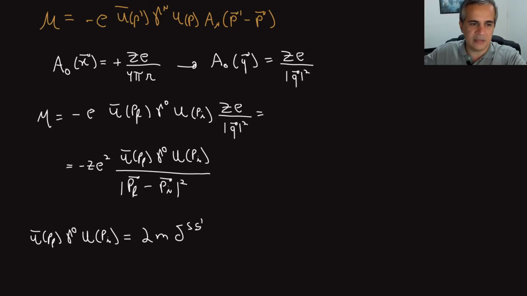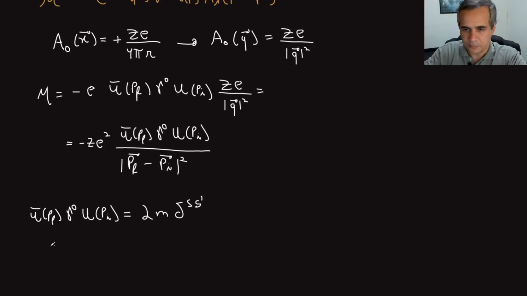And that means that if I calculate M squared, now using this formula, Z squared e to the fourth, and then I have this twice, because I'll take the square of this.